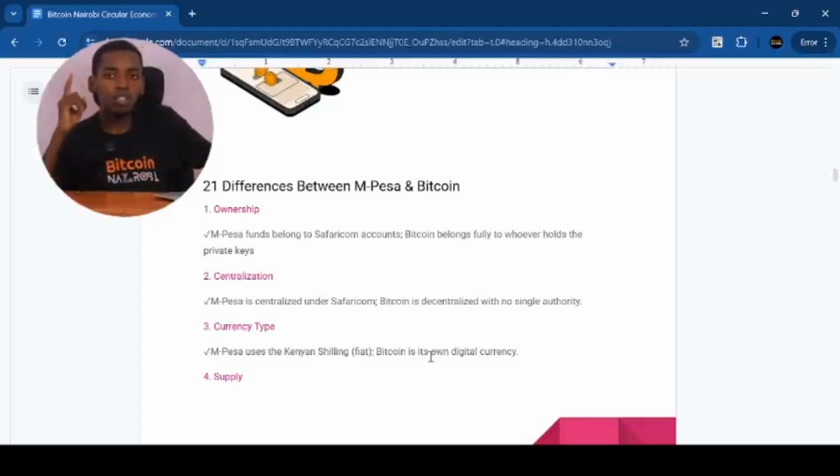And that's why we always encourage people to own their private key and have hardware wallets. An example of a hardware wallet, the best hardware wallet, is the Blockstream Jade hardware wallet. With the Blockstream Jade, you can generate your private keys.